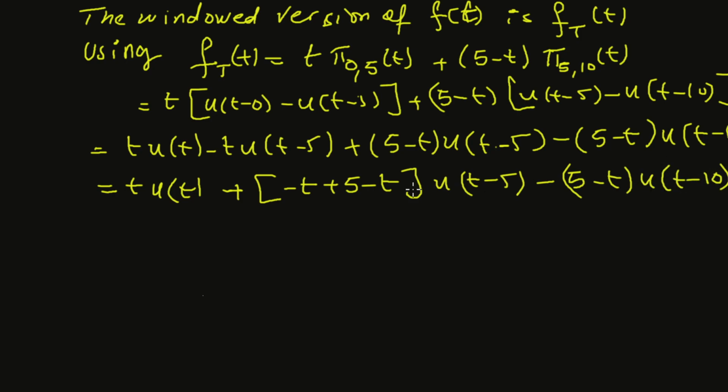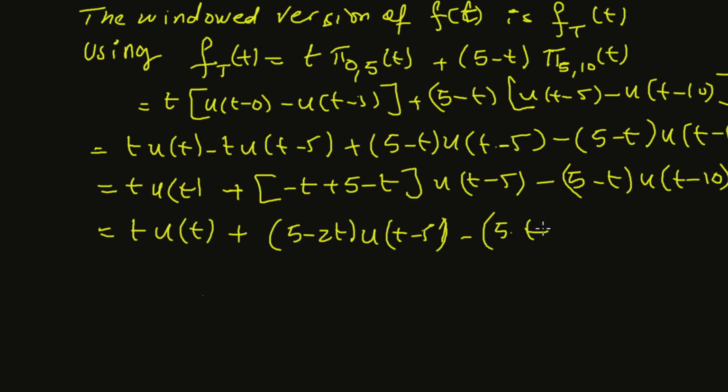Yeah, so you can pause the video and go through it and look at your notes, but we've done all these formulas so far. Then here it's just a matter of algebra, right? 5 minus 2t times u of t minus 5, minus 5 minus t times u of t minus 10.